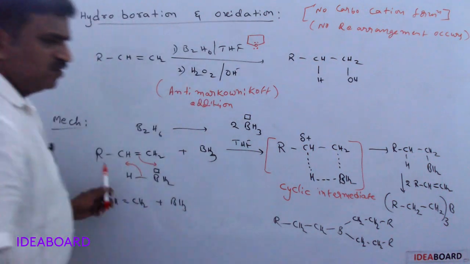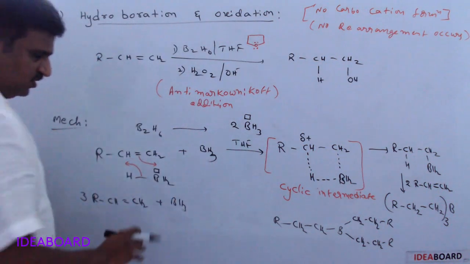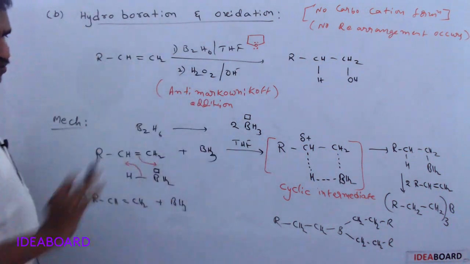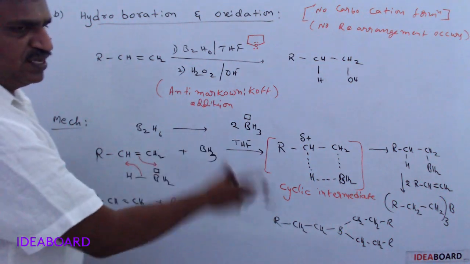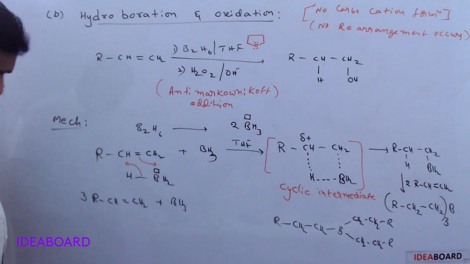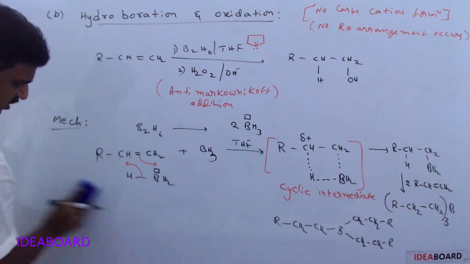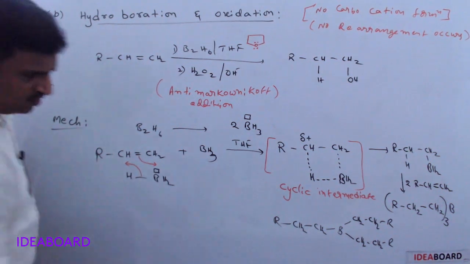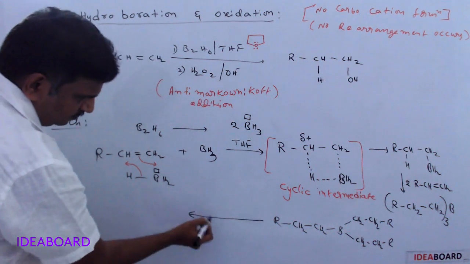Three such molecules are present. This is called the hydroboration process. Trialkyl borane is formed finally in the hydroboration, in the first step.